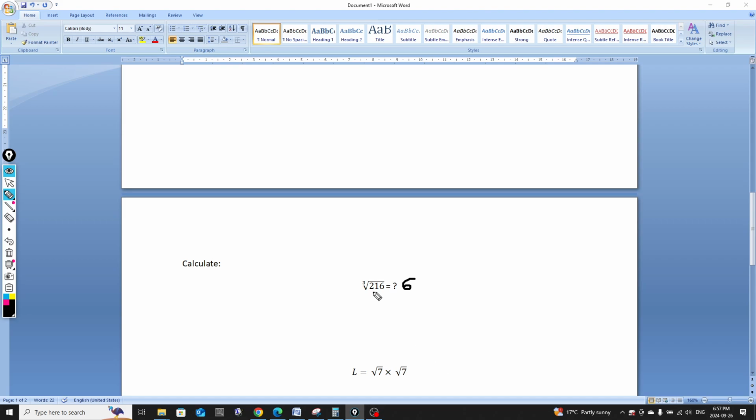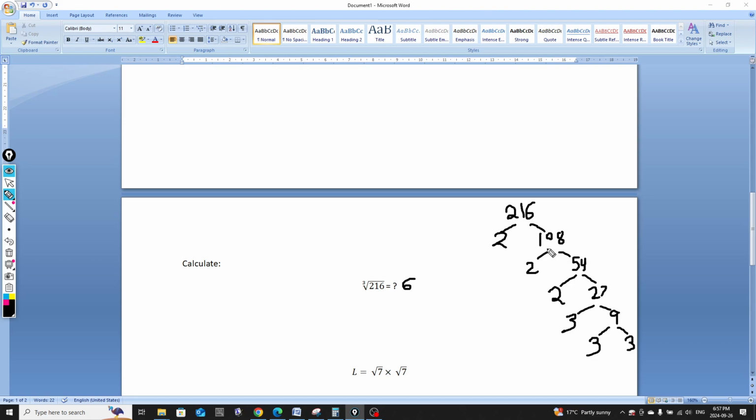Now, if you don't remember that, you could do what we saw in class, which is prime factorization. So I set up the prime factors of 216. I divide 216 by 2, I get 108. I divide that by 2, I get 54. I divide that by 2, I get 27. I divide that by 3, I get 9. I divide that by 3, and I get 3.